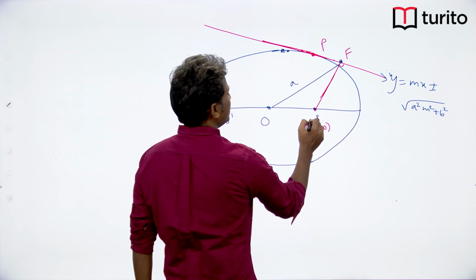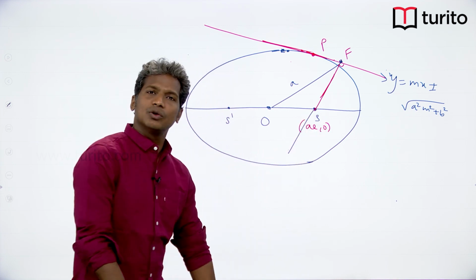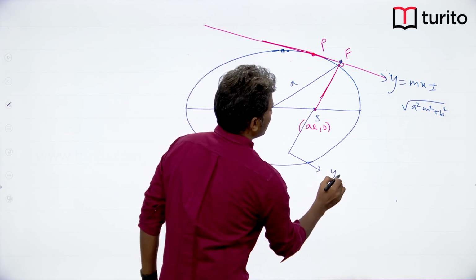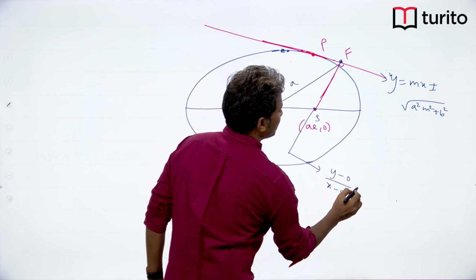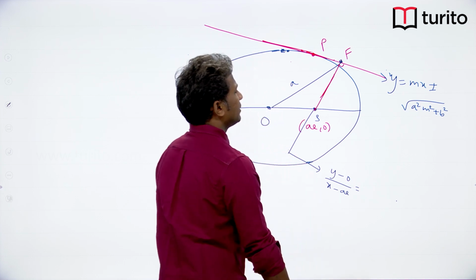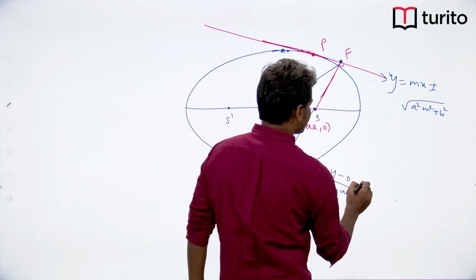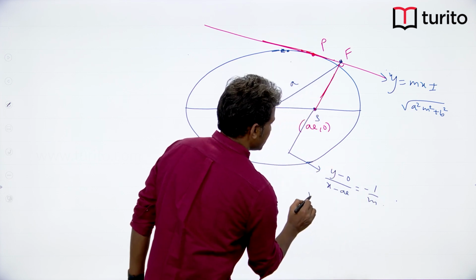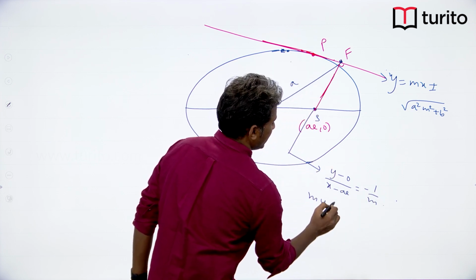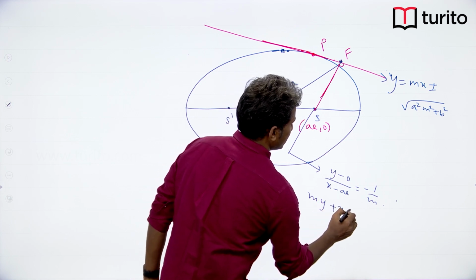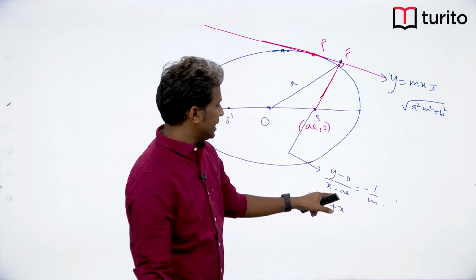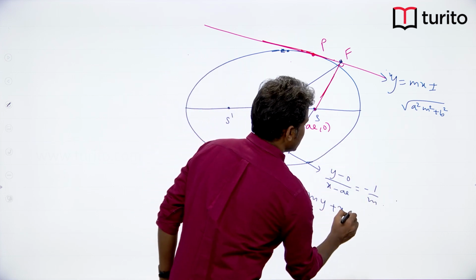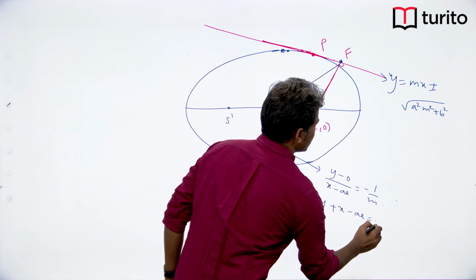Now, what about the line here? This line will be having the slope minus 1 by m. So, we can get the equation of this line as y minus 0 by x minus ae is equal to, it will become minus 1 by m. Now, if I simplify this, I get my plus x. So, I am basically taking x minus e to RHS and then taking them to LHS, and this becomes minus e equal to 0.